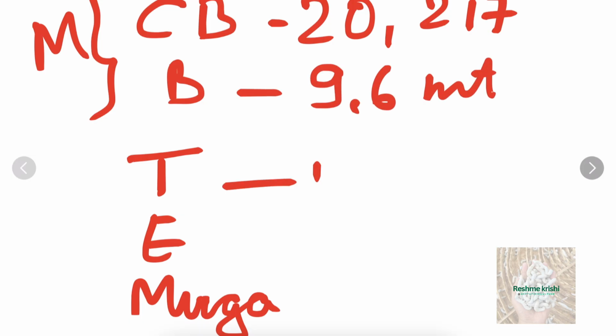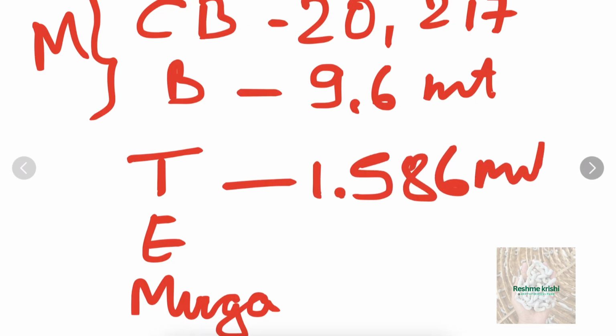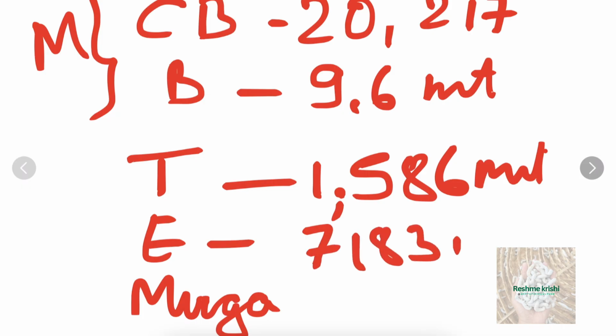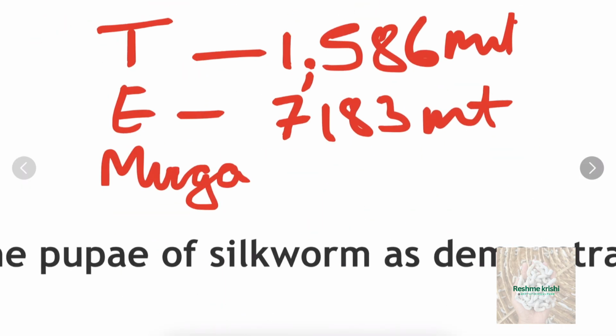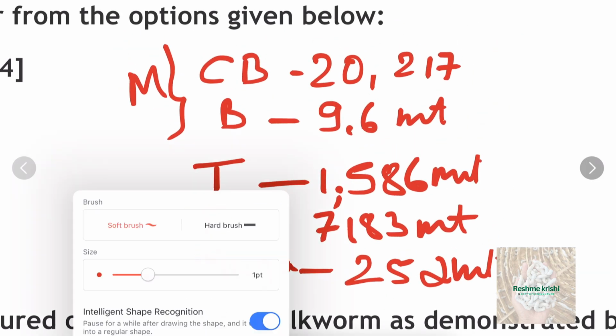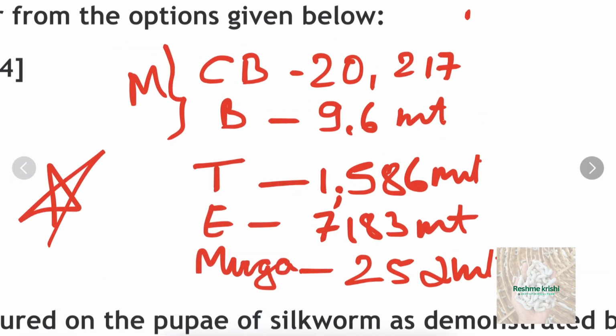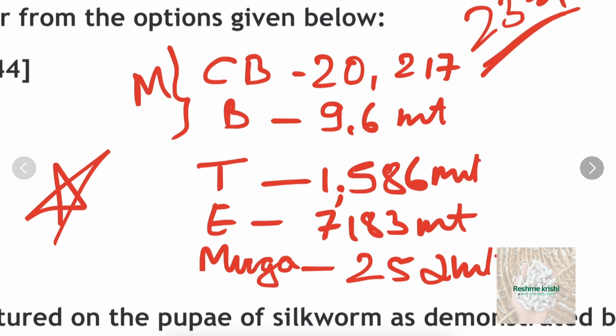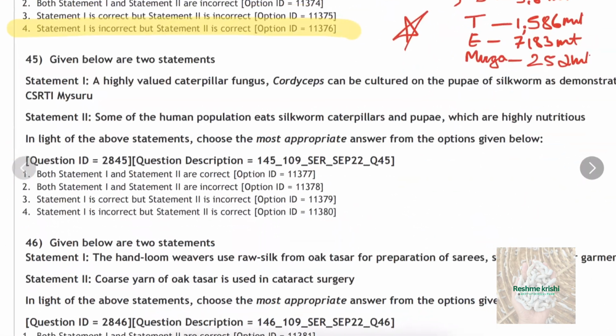Tasar is approximately 1,586 metric tons, Eri is around 7,183 metric tons, and Muga is around 252 metric tons. Remember this is very important. The question might come. If you want, take a screenshot and keep this. These are the 23-24 statistics which I am giving here. Okay, let's move to the next question.